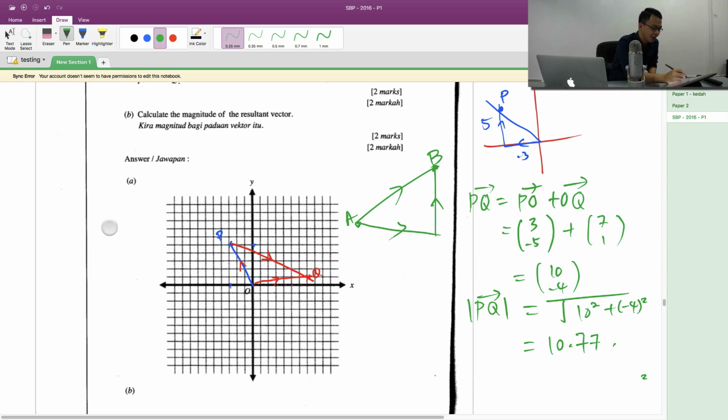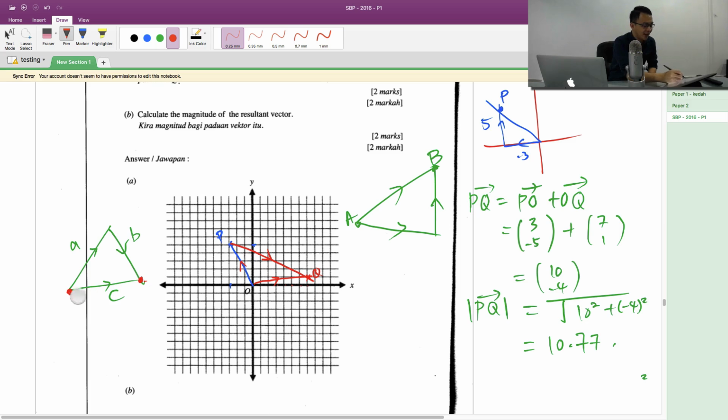Let's say I have a triangle like this. This is 1, this is 2, this is 3, with points A, B, and C. In this case, you want to know which one is the resultant vector. The resultant vector is the one that the other two vectors give when added together. You can see this one is the shorter distance, from the starting point to the ending point. The other two go from the start to the end but take the longer journey.